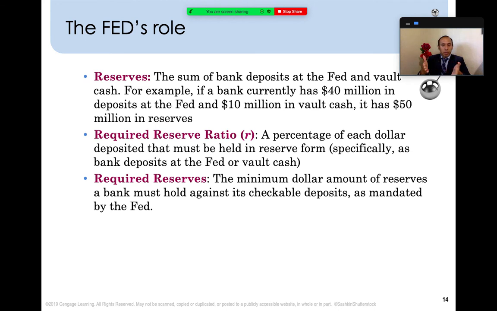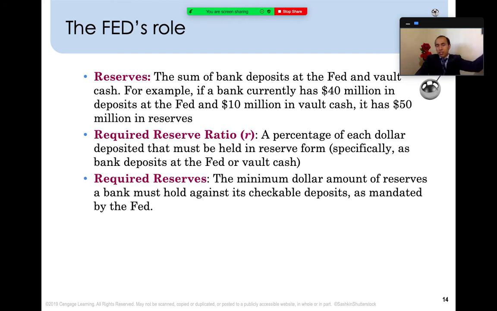If there are 100 million in deposits going into a local bank, that bank needs to keep a percentage, like 10%, in their vaults or at the Fed for immediate cash withdrawal. It's a percentage of the deposit. So that's what we know as the required reserves, the minimum dollar amount any bank must hold against its checkable deposits as mandated by the Fed. So it's 10%, and that means a required reserve amount of $10 million out of the 100 million in deposits.